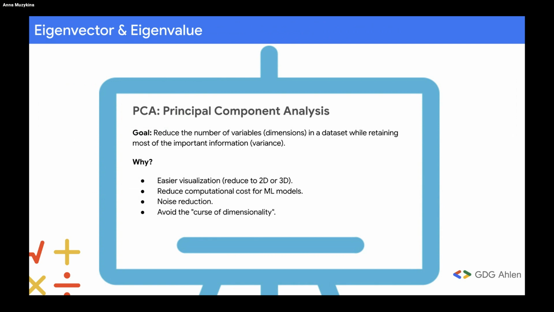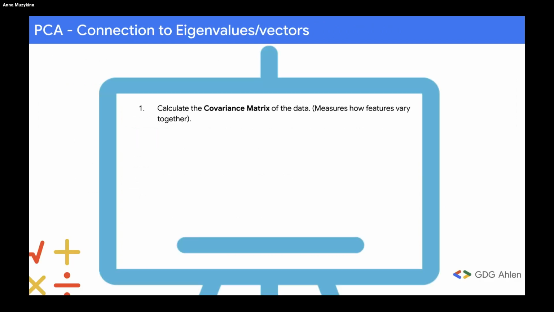It can sometimes help reduce noise by focusing on the directions with the most significant signal variance. And it helps combat the curse of dimensionality, a set of problems that arise when working with data in very high dimensional spaces.